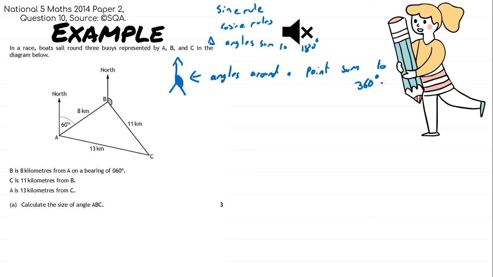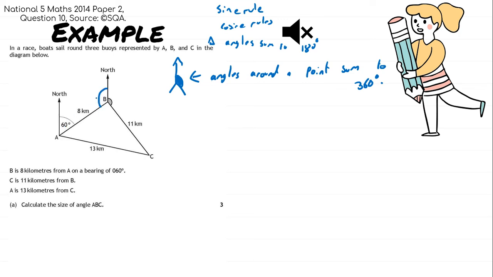First question, is there any other angle I can write down right now? Before I even move on, what can I do? Take a second, see if you can tell me anything that you've learned that's going to help you fill in a missing angle. Can you see the co-interior angles? Can you see this angle here?